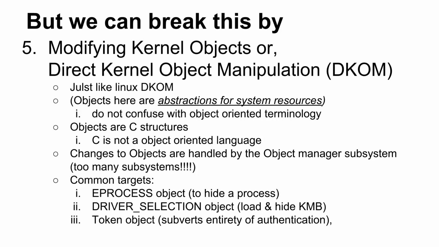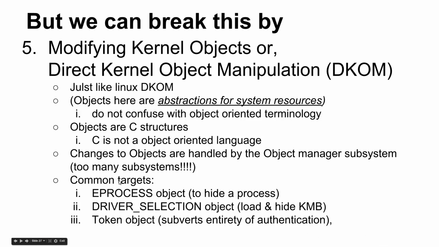But this can be broken by modifying other kernel objects, essentially structures and objects that are destinations of the descriptor tables, as well as whatever the binary code is actually relying on, to force it to perform malicious computations and etc. And this is just like Linux.